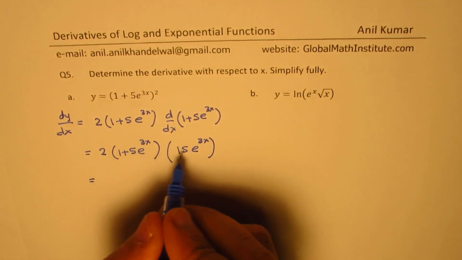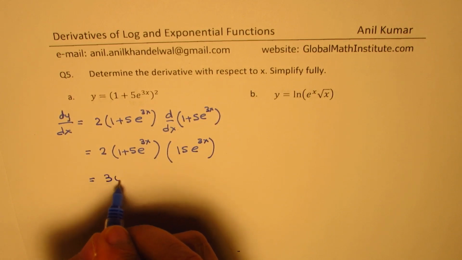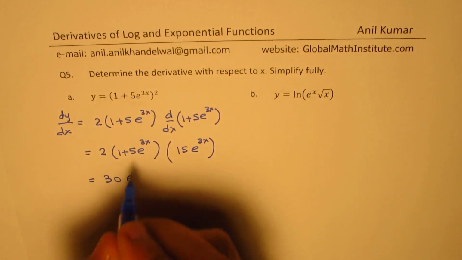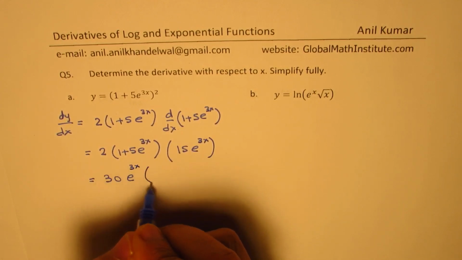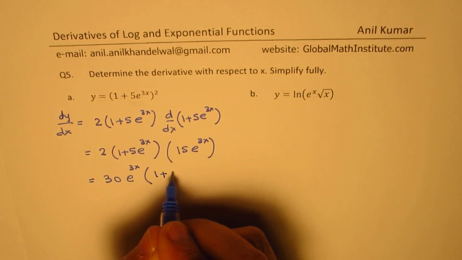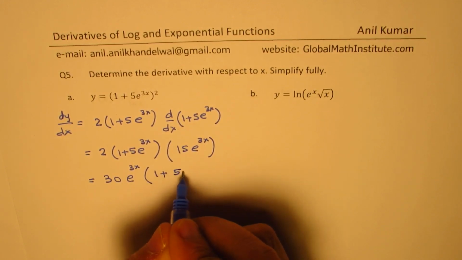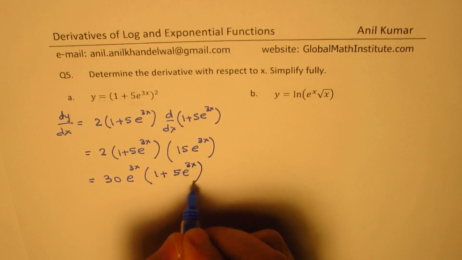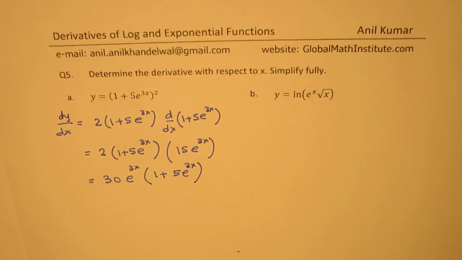So you could write this as 15 times 2, 30 e to the power of 3x times (1 plus 5 e to the power of 3x). Correct? So that becomes the solution of the first part.